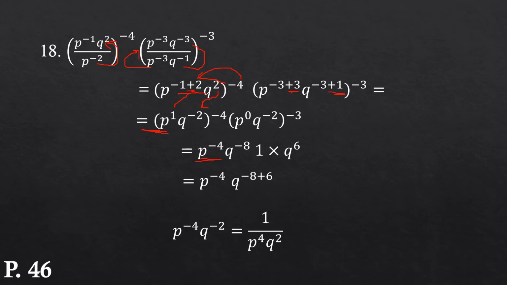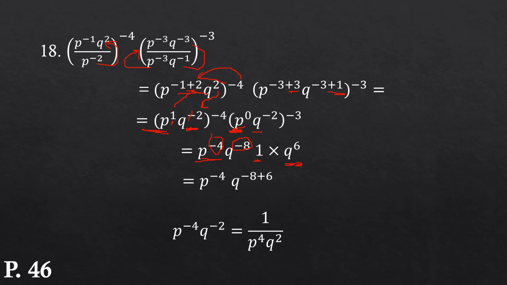Okay, students, this is positive 2, sorry. So we multiply by a product of powers. We have a product of powers here. So 1 times negative 4 equals negative 4, and for q we have power positive 2 times negative 4 equals negative 8, and p power 0 equals 1, and here q power negative 2 times negative 3 equals positive 6.